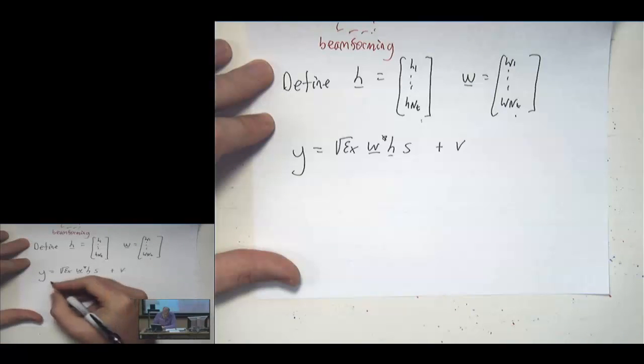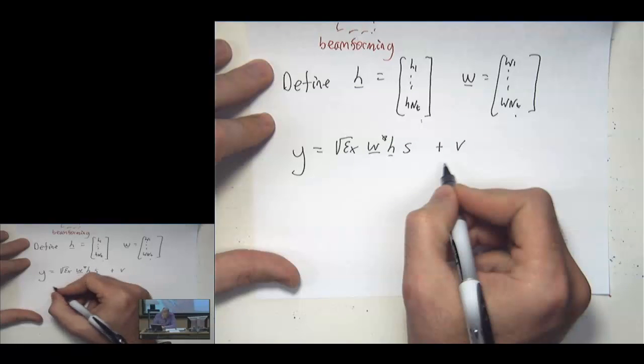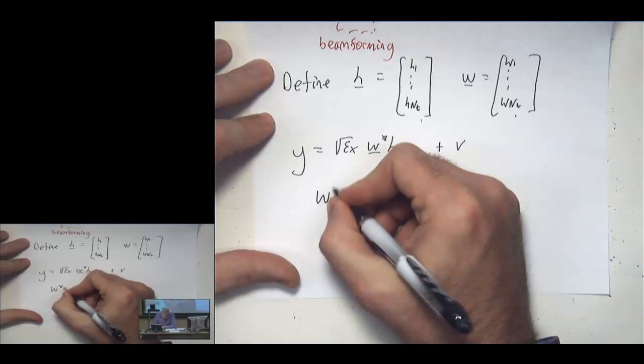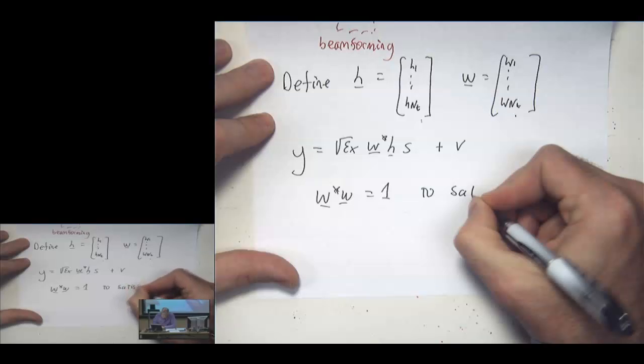And so this is the input-output relationship, and then we need to have W star W equal to 1 to satisfy the power constraint.